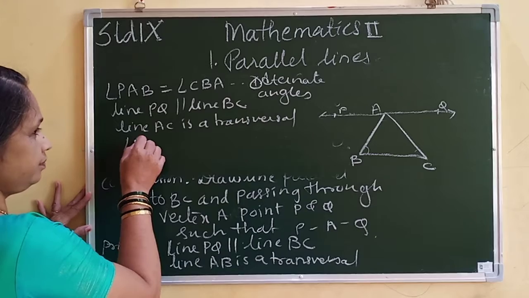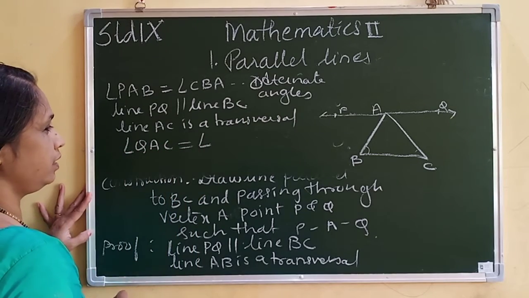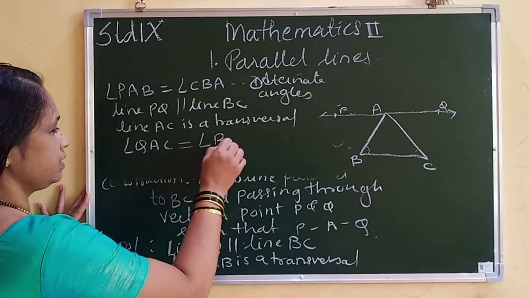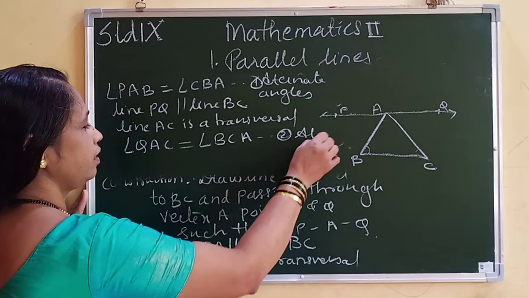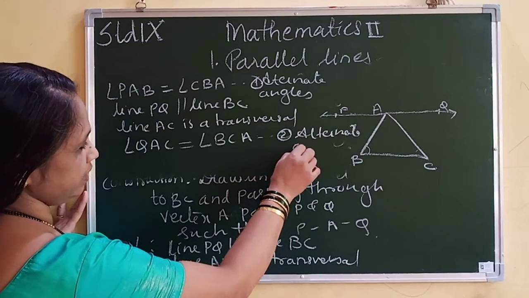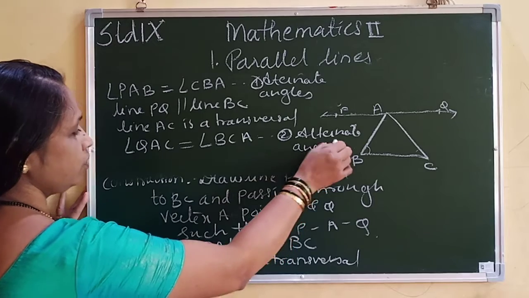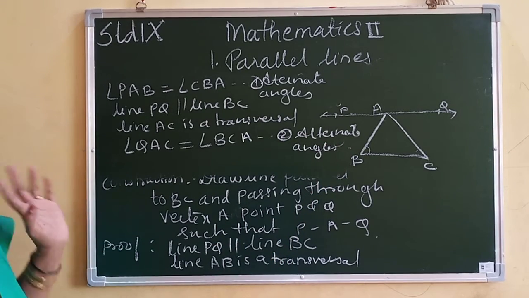So angle QAC will be equal to angle BCA. These are alternate angles, and alternate angles are congruent. This we will name as 2.